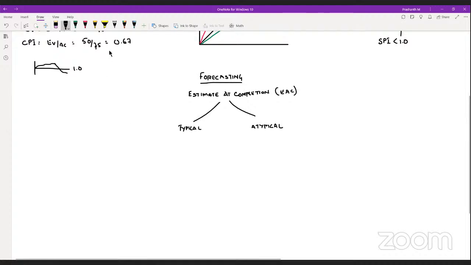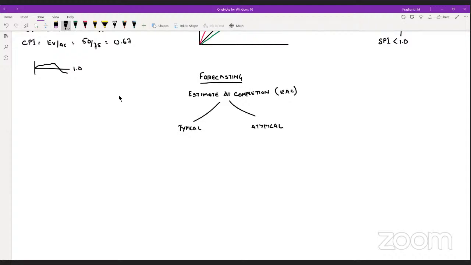The rate means CPI. So for every 1 rupee spent, what have you achieved? So the burn rate at which I'm traveling right now is 0.67. Now, if I continue at this rate, what is going to happen in the future?